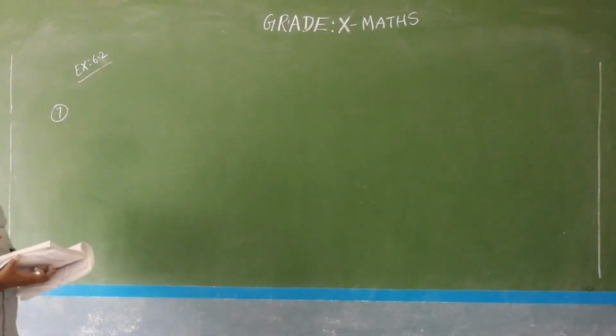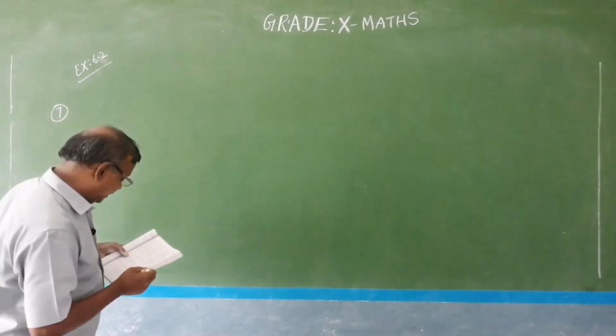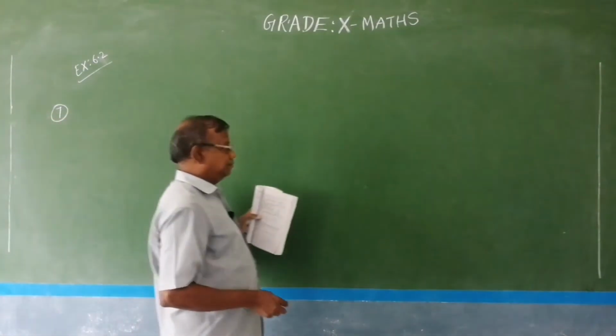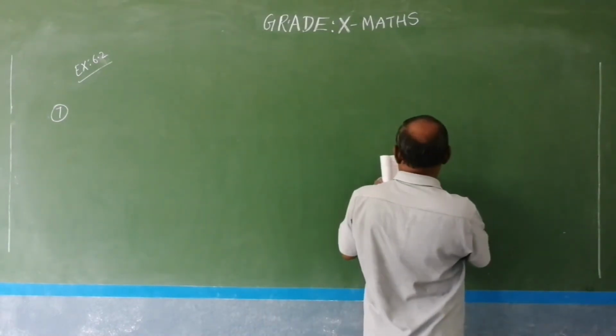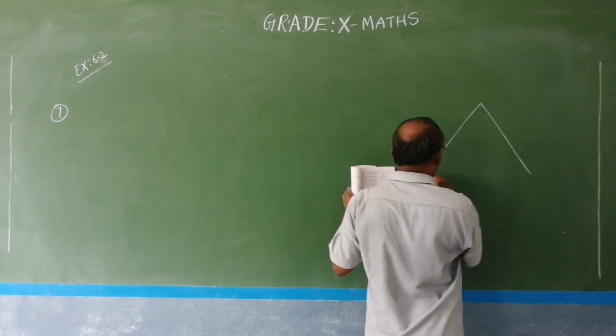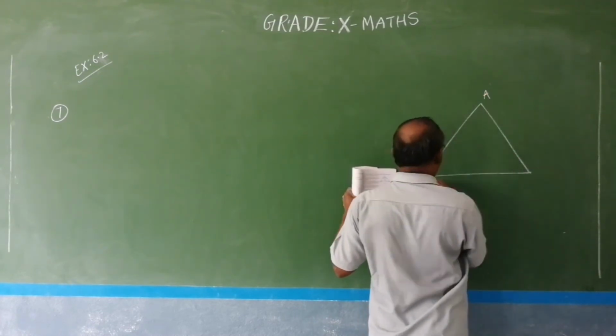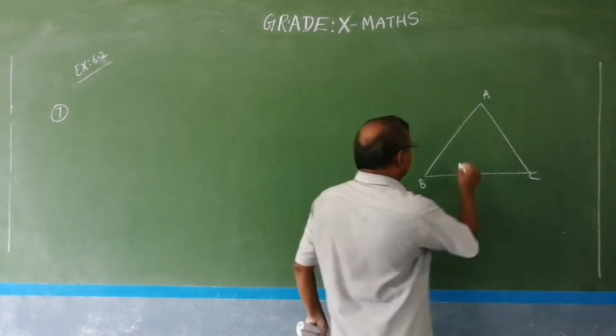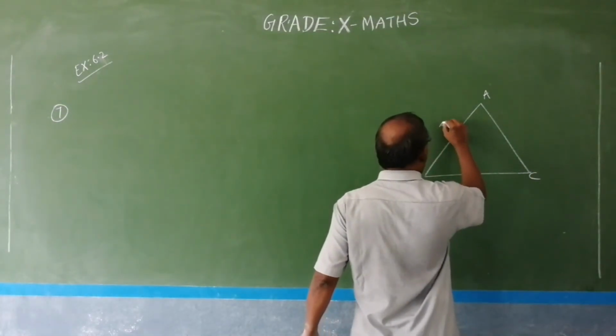Using theorem 6.1, that means using the basic proportionality theorem, prove that a line drawn through the midpoint of one side of a triangle. Let ABC be a triangle, let D be the midpoint of AB.